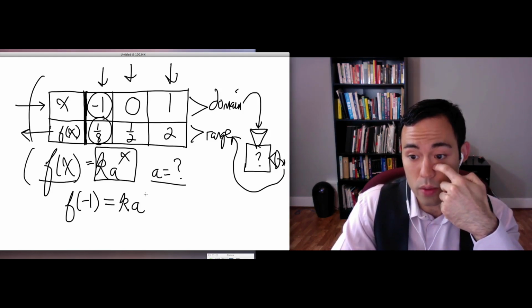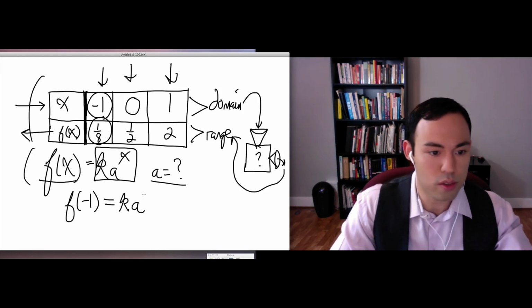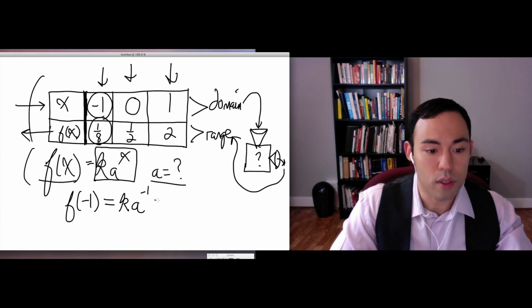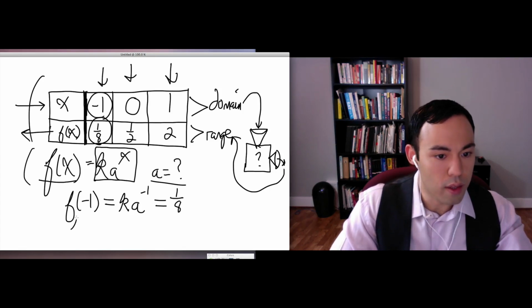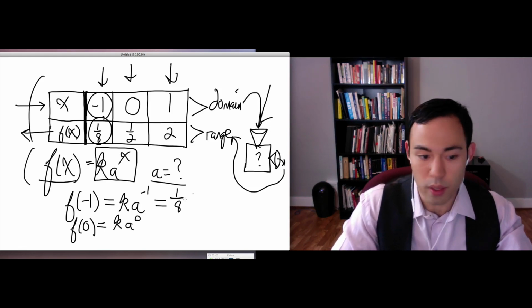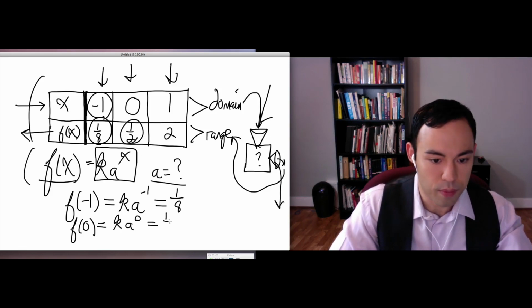They're unknowns, but unlike variables, they don't change around. So they're just static numbers to the -1, and we know what will come out is 1/8. Then we have f of 0, k times a to the 0, because we're feeding a 0 into the black box. What's going to come out of the black box is now 1/2.